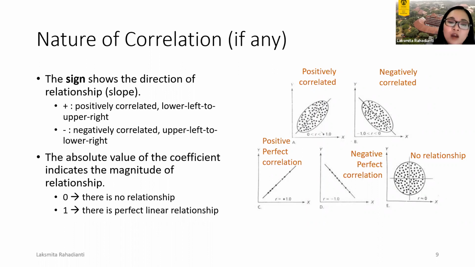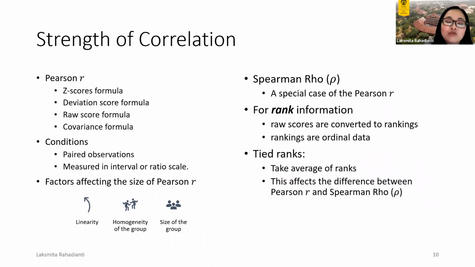And if it's no relationship, it should be closer to -1 and so forth. So here from the scatter plots, I can only get an idea of the nature of the correlation. But if I wanted to know exactly how strong the correlation was, I would need to use certain measures.